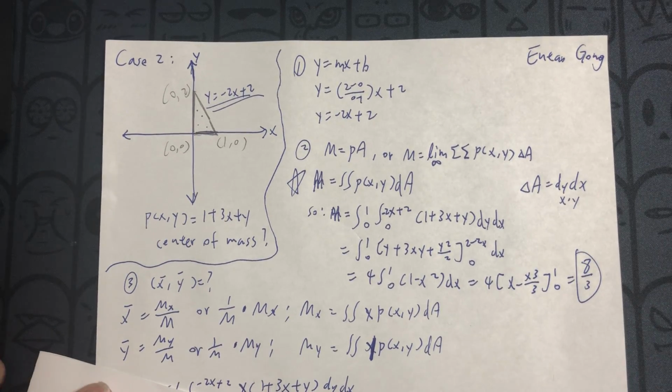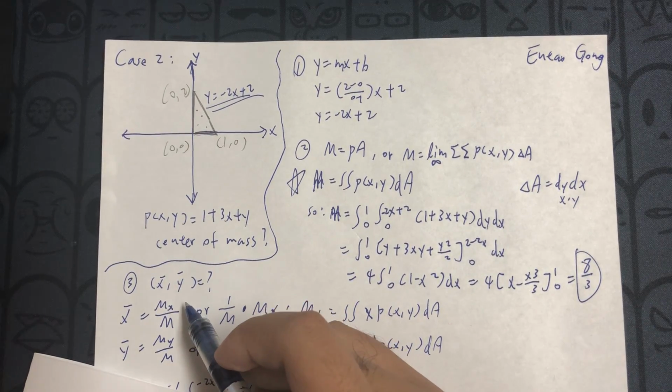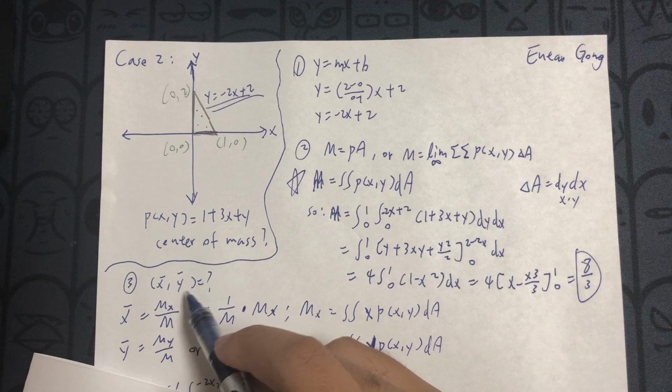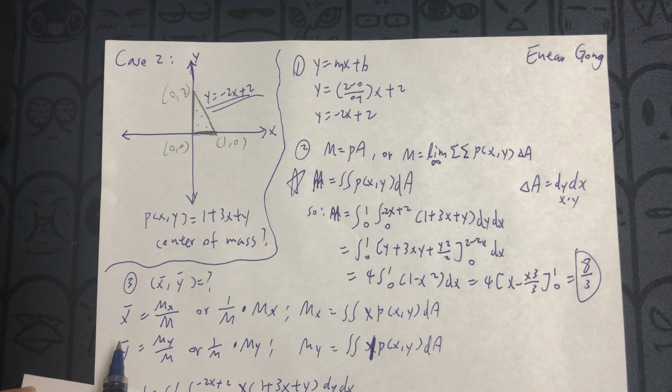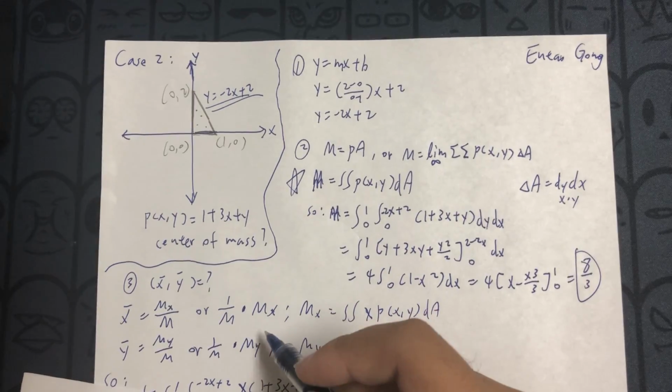For our next step, we can calculate the center of mass, x, y. First of all, we need this equation: x equals Mx over M, where M is the total mass that we just calculated. So we can write the equation as 1 over M times Mx. What's Mx?